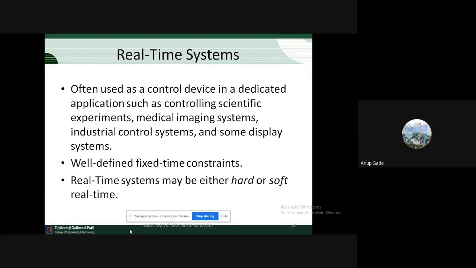All the focus is on a single task only, and the time constraint is absolutely fixed. You cannot expect a delay in this particular kind of system.